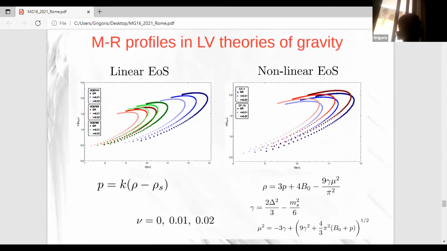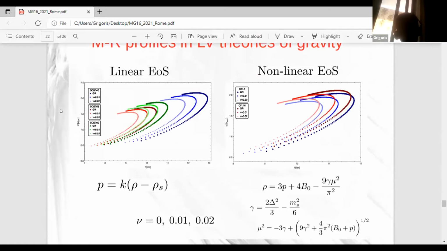So these are our main results. First, this is the mass-radius profile. On the y-axis, we put the mass of the star in solar masses. On the x-axis, we put the radius of the star in kilometers. This plot corresponds to the linear equation of state. And we have considered for the parameter nu two values different from zero, while the zero value corresponds to GR.